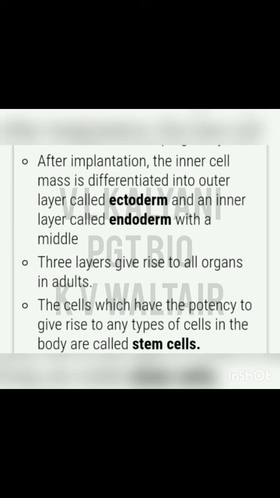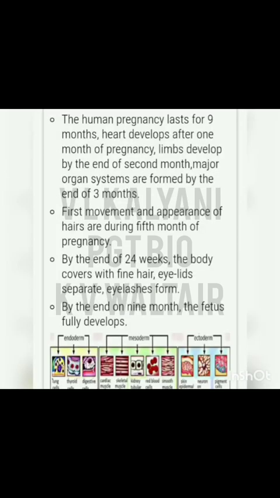These stem cells are capable of forming all tissues and organs. So the inner cell mass will develop ectoderm, mesoderm and endoderm, and the stem cells in the blastocyst have the potency to produce all tissues and organs.